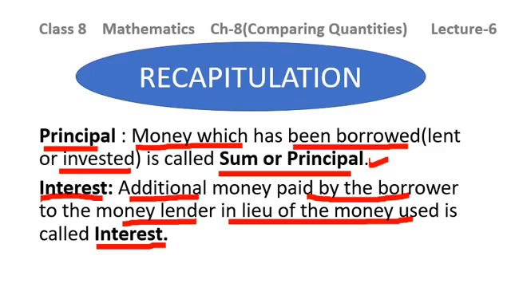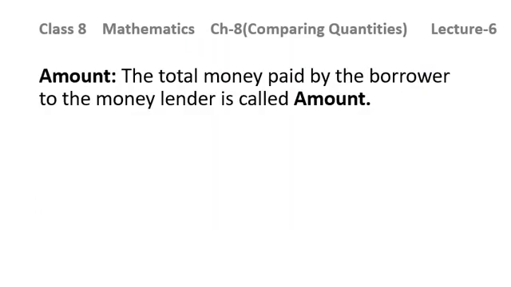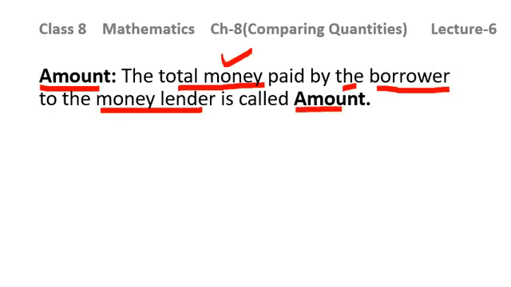That is your interest. Then comes the amount. What is this amount? The total money paid by the borrower to the money lender is called amount.